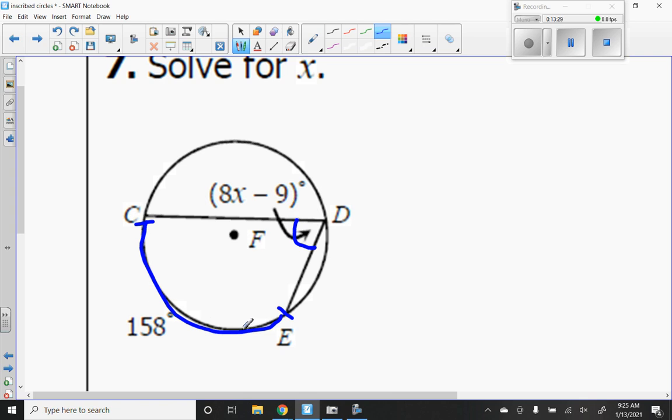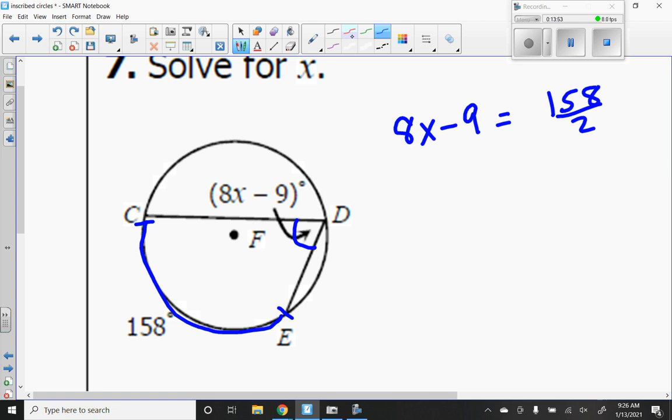To make them equal, you could cut 158 in half and make it equal to 8x minus 9. So that's an option. You could say 8x minus 9 equals 158 divided by 2. That makes them equal.